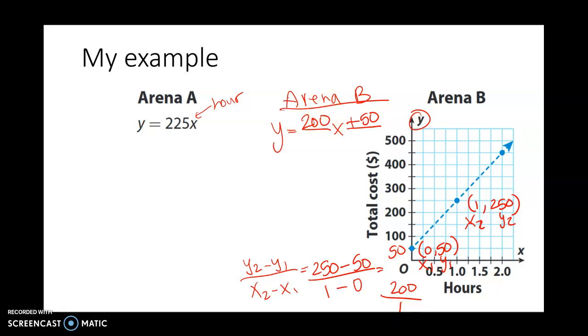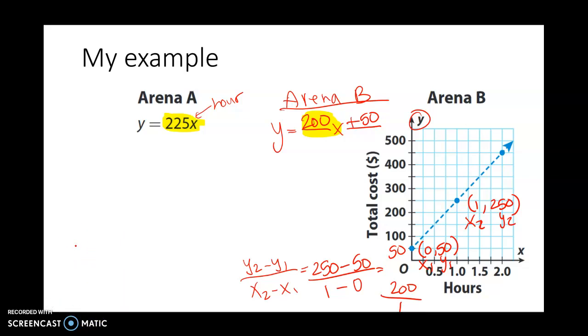First, I want to make a comparing sentence, and then we're going to talk about some logistics of this. So we're just going to compare the hourly rate. I want a comparing sentence: which arena is more, which is less.